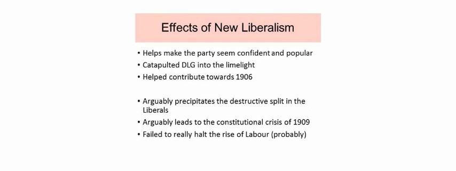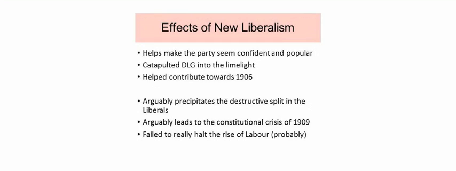Arguably as well, new liberalism leads to new liberal policies. New liberal policies cause the constitutional crisis of 1909. Hopefully that's self-evident. The big thing you can say about new liberalism, if it was intended to make policy more left-wing, so that the Labour Party either A, doesn't need to exist or will join the Liberals, or B, people who would otherwise vote for the Labour Party see that the Liberals are doing nice things for them and go, I will carry on voting for the Liberals.